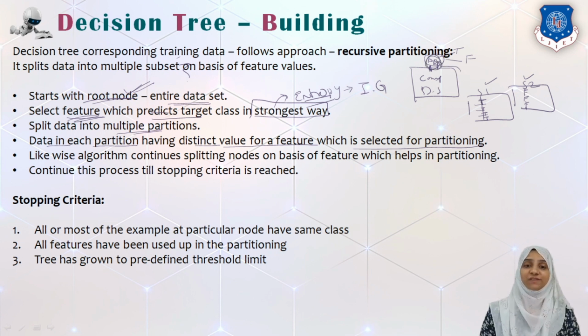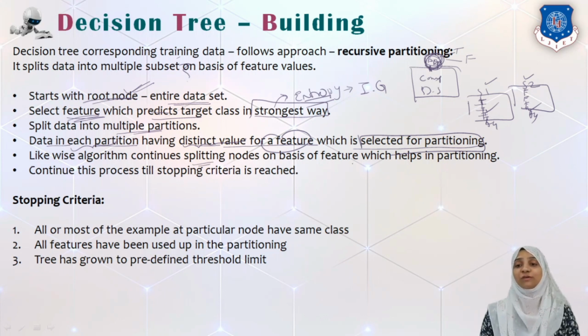So as you can see, each partition has a distinct value for the feature which is selected for partitioning. Likewise, we continue splitting our data set, which is now a subset, into nodes on the basis of the feature which helps in partitioning.